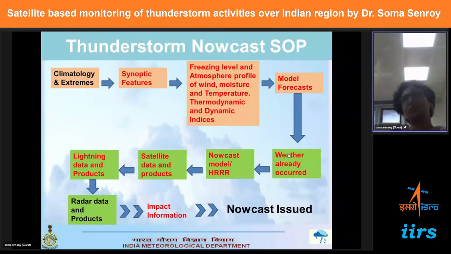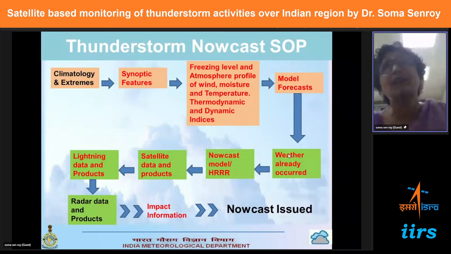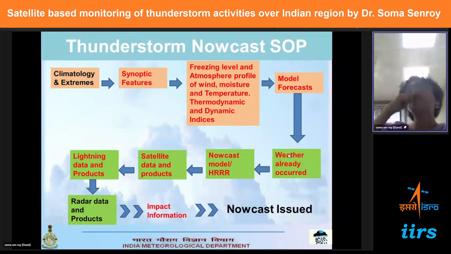Model forecasts, I talked to you about data assimilation into NWP models and how it has provided a paradigm shift in the accuracy of the NWP models. Weather already occurred. When we are seeing the satellite data in animation, we get an idea about where the system is evolving.